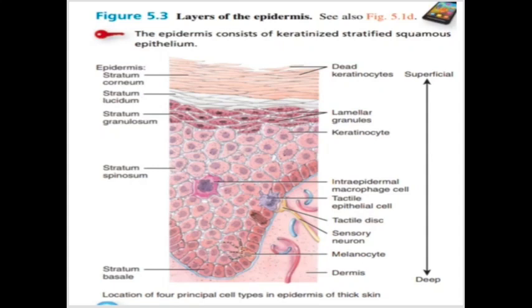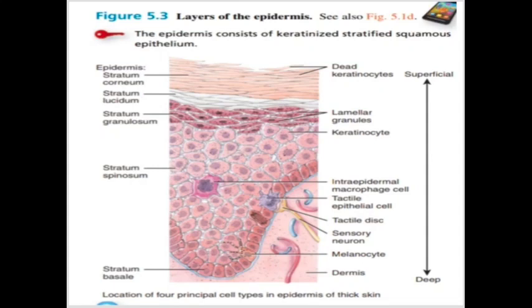Keratin, already told, is responsible for the protective function of the skin. It means all the cells above this stratum granulosum will be consisting of keratin protein. And this keratin protein has been formed from keratin intermediate filaments because of the keratohyalin, and keratohyalin is contained inside the granules of this stratum granulosum.